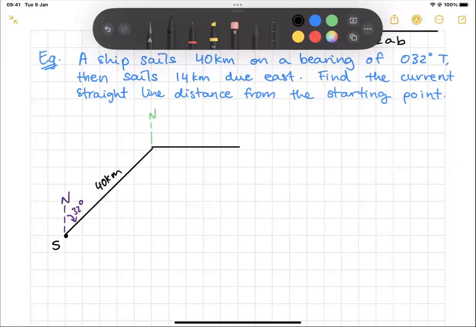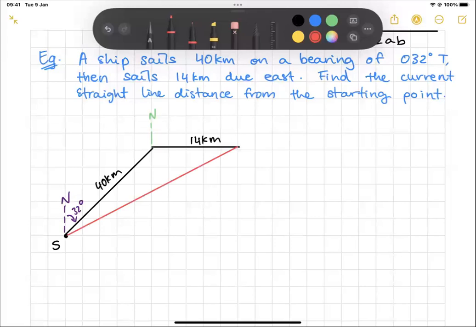Let's say that is east, and that is 14 kilometers. What I'm trying to find is the current straight line distance between my starting point and where the ship stopped.